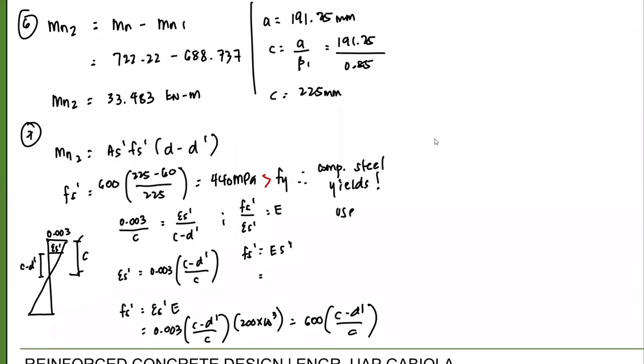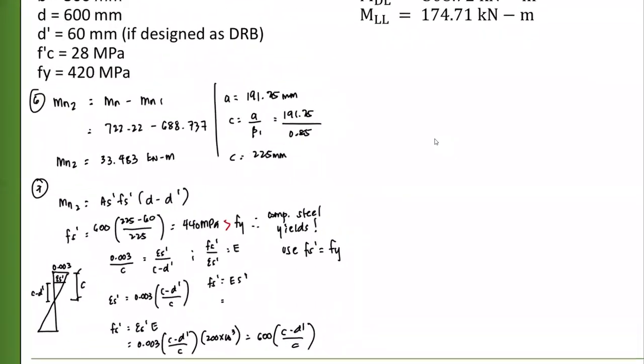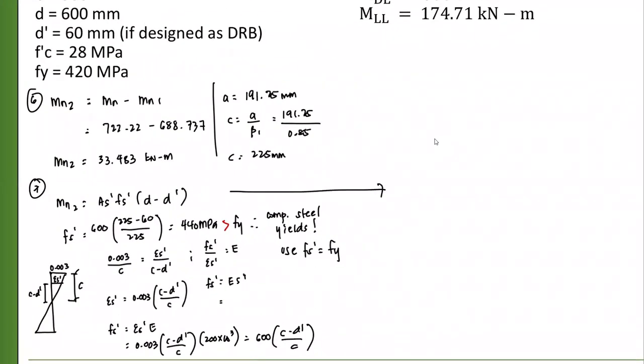So, use Fs prime is equals to Fy. Okay? So, going back dito sa formula natin na to. So, As prime now will be equal to Mn2 over, kasi Fs prime natin gagawin na natin Fy, D minus D prime.